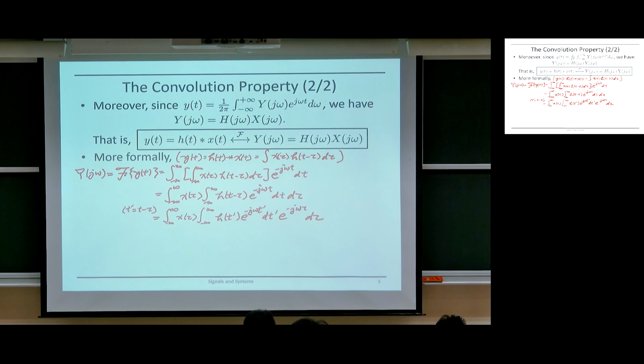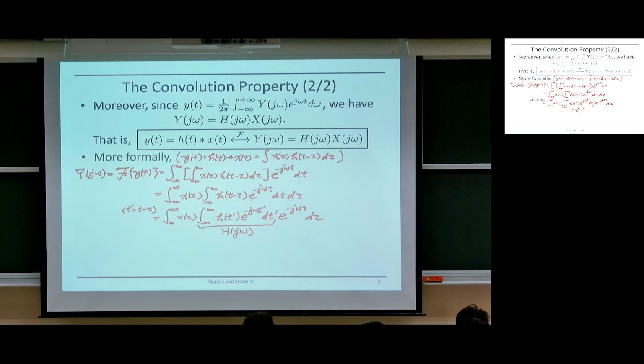The reason for that is because now the integral inside becomes a Fourier transform of the impulse response h, which gives you the frequency response. And if you bring this outside of the integral, you have the integral of x times e to the minus j omega tau d tau, which is the Fourier transform of x.